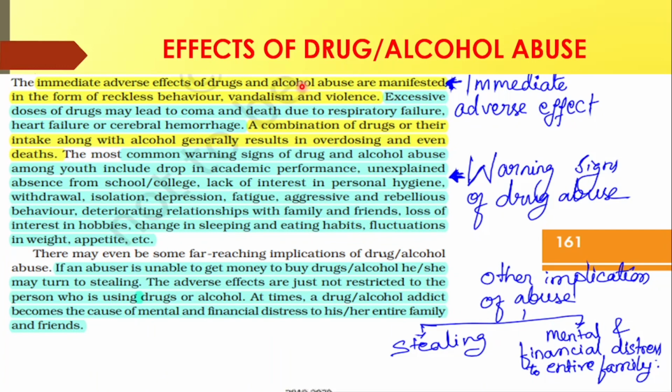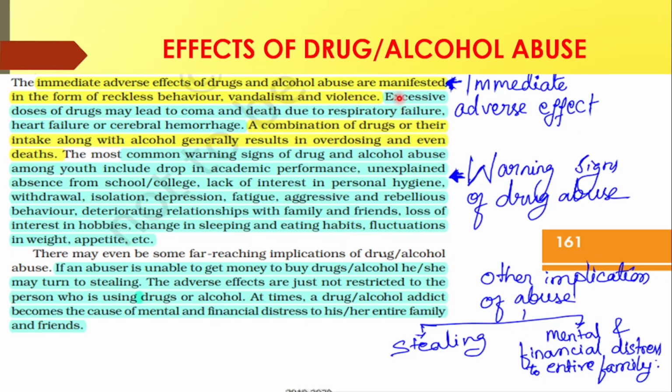Next is effects of drug or alcohol abuse. So when a person starts taking drug or alcohol, there are some immediate effects. So immediate effect क्या है? Immediate adverse effects of drug and alcohol abuse are in the form of reckless behavior, vandalism, violence.